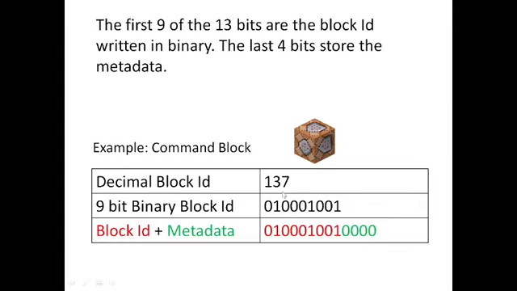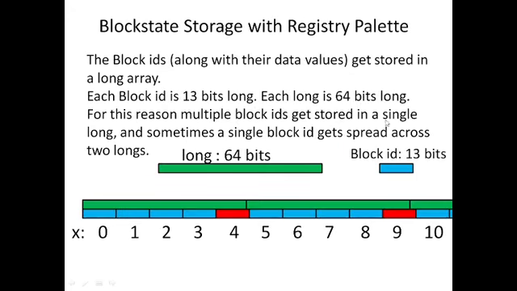So that's how 137 is written in binary with 9 digits. And then after that, we just add the metadata. That actually depends on the orientation of a command block, but it just adds like 4 digits at the end, which tell you in which direction the command block is facing and whether it's a conditional command block or not.